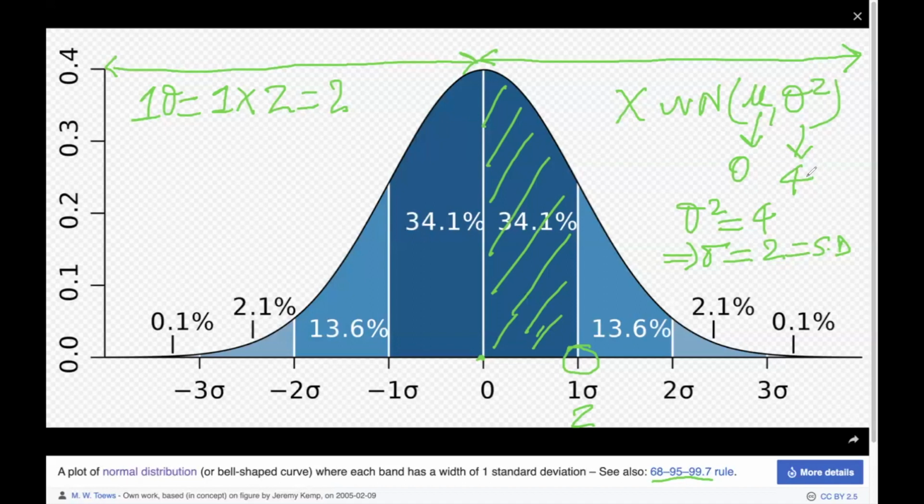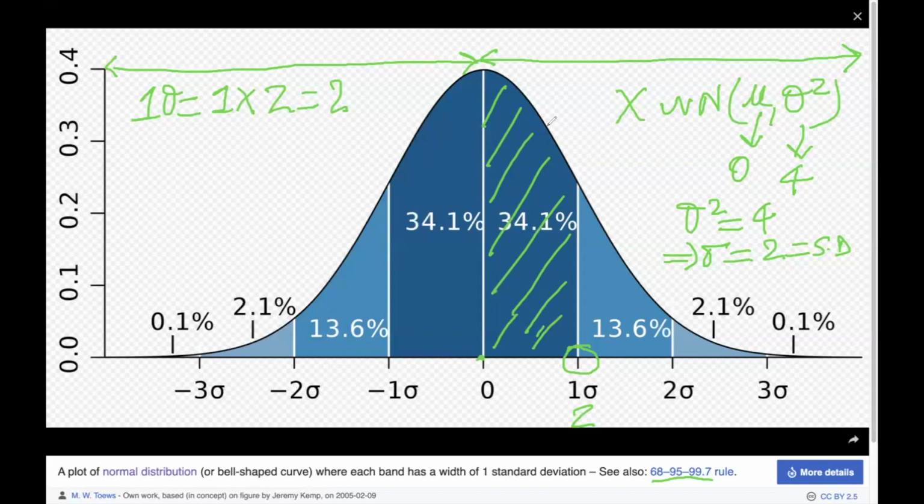If I were to sample values from this distribution, I can confidently predict, without conducting any actual experiments or observing samples, that a significant portion of the observations will fall within the range of 0 to 2 away from the mean, or equivalently between the mean and the first standard deviation. This is my first standard deviation. So here our mean is 0 and our first standard deviation is 2, right?